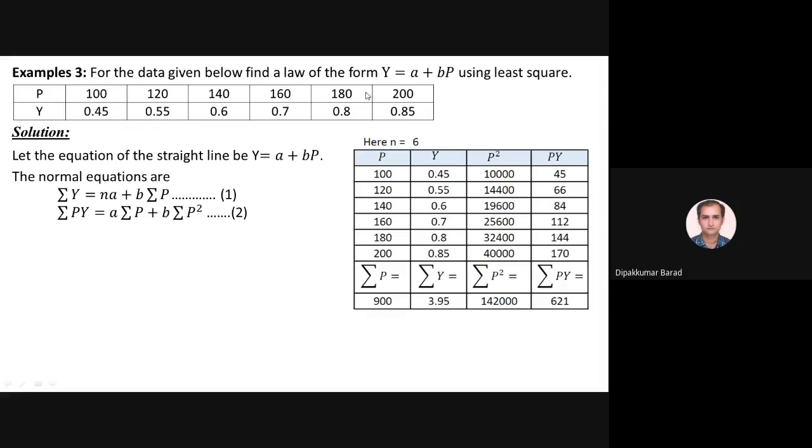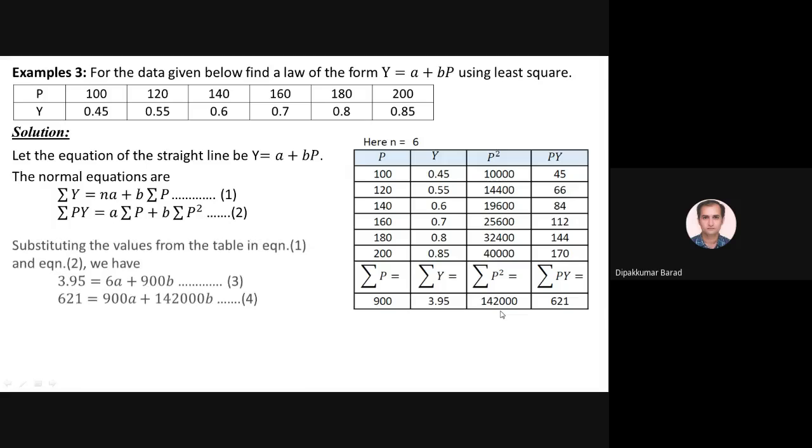Is this correct? We had forgotten this 0.6. 1 and 1.5, 2.5, 2.5 and 3.1, 3.1 and 3.95. Okay, fine, 3.95. Now summation P square, which I get 1,42,000, and summation PY, which I get 621. So put these values in the equations.